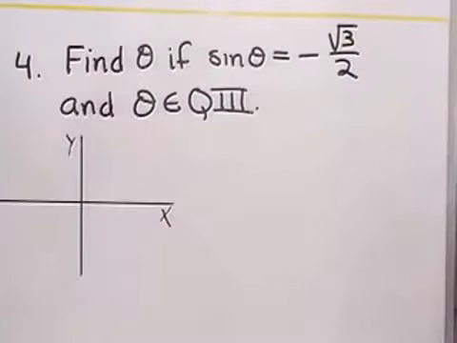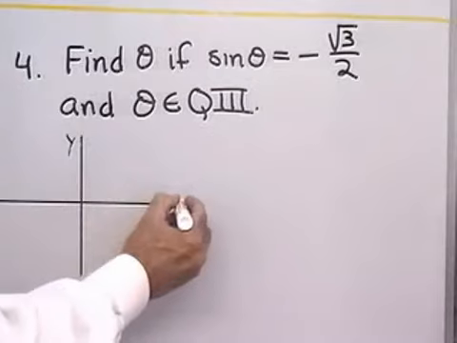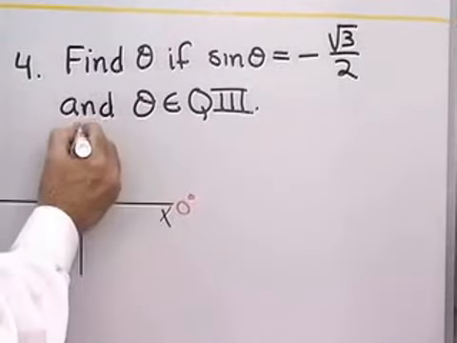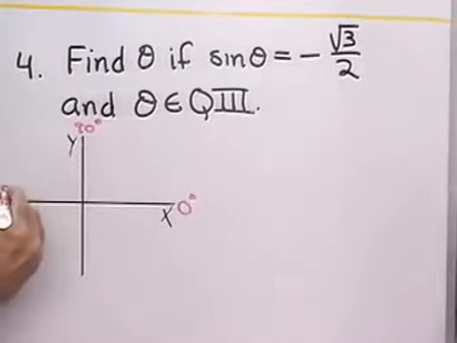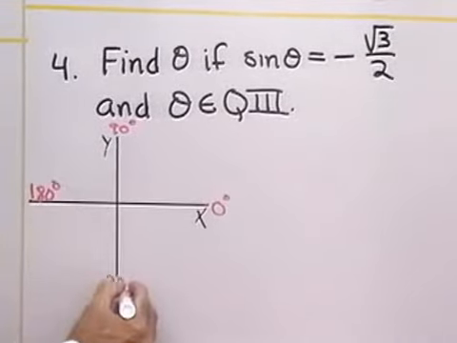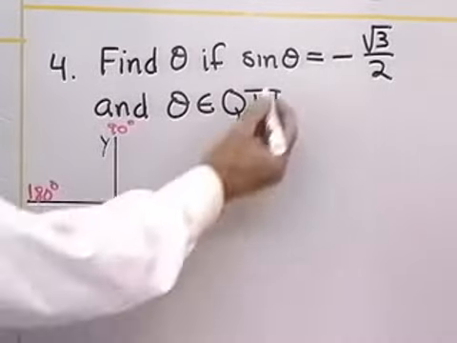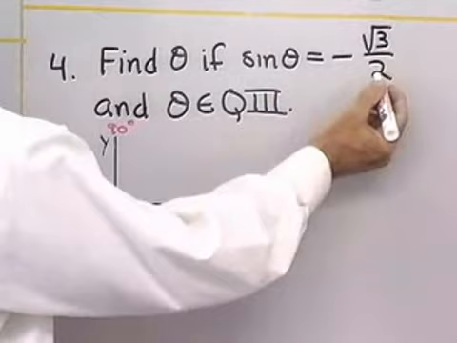Here's one more problem. Find theta if sine theta is negative square root 3 over 2 and theta terminates in quadrant 3. So again, here's 0 degrees, 90 degrees, 180 degrees, 270 degrees. Sine theta is equal to negative square root 3 over 2.